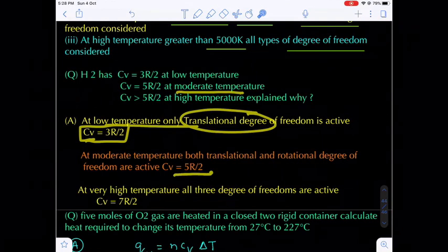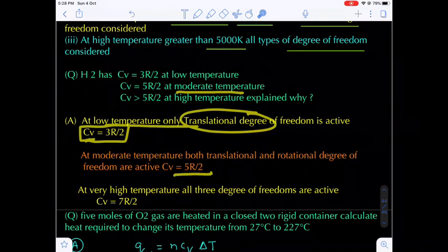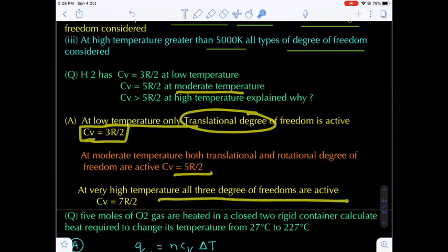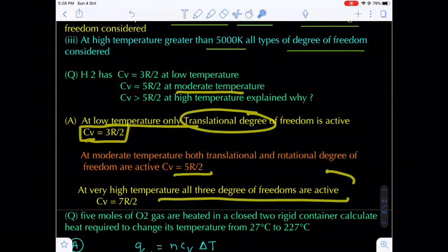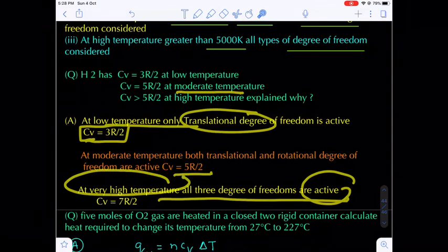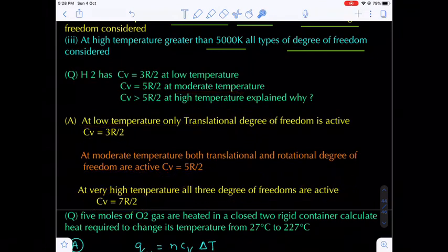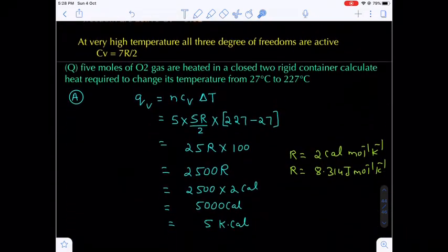But at very high temperature, all the 3 modes will be operated. That means here the vibrational degree of freedom is also active because the temperature is very high. That means we have to take the CV value greater than 5R by 2, that is 7R by 2. Are you getting my point?